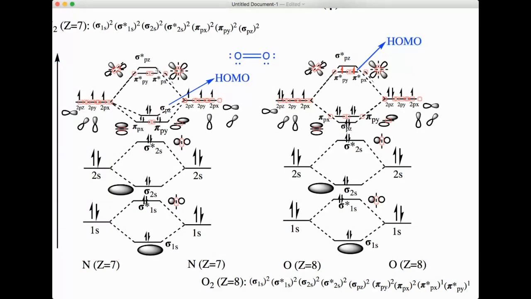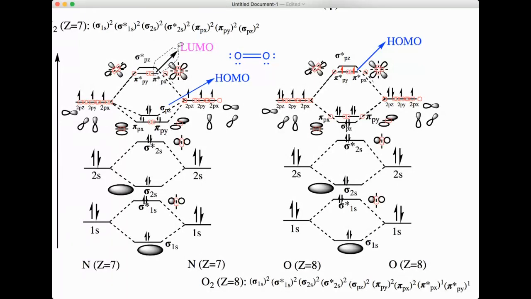And then the antibondings that are empty, the lowest empty orbitals, so the orbitals that are empty and lowest in energy, those are called LUMO, lowest unoccupied molecular orbital. That means the molecular orbital that is lowest in energy among the empty ones.